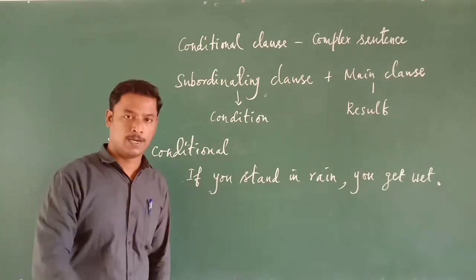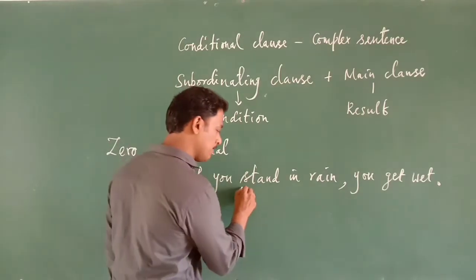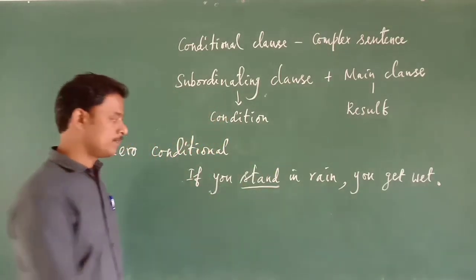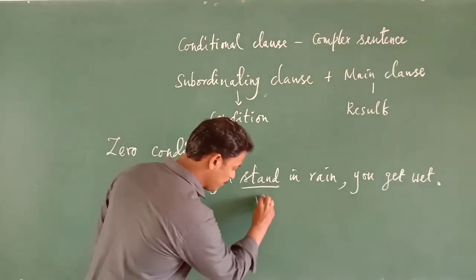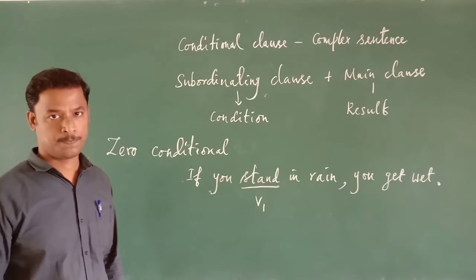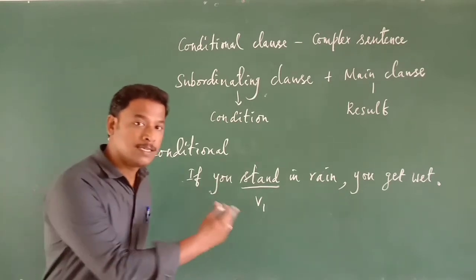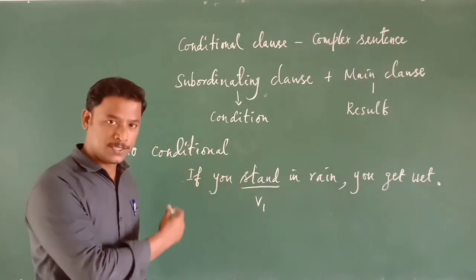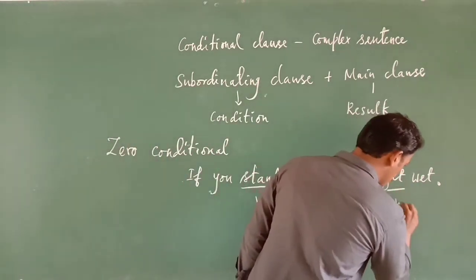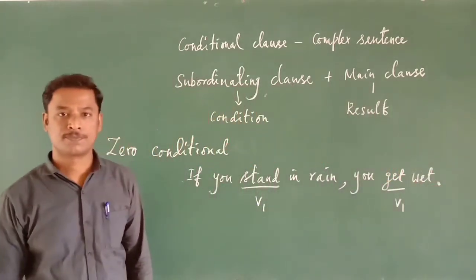And another thing: if you analyze the verb in the subordinating clause, it is in verb 1, that is, present simple. And what tense form should be applied in the result? The same tense form. The same verb 1 should be followed in the result.